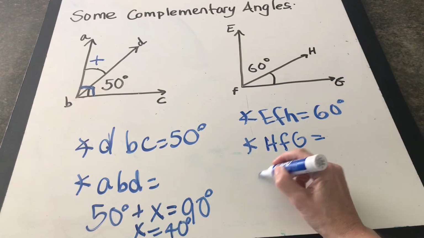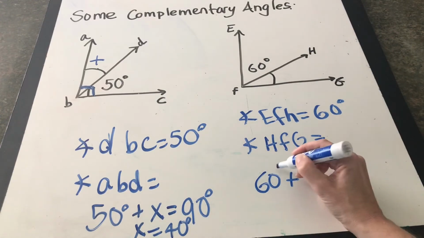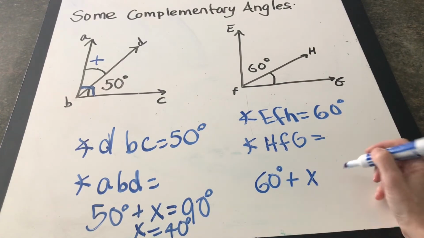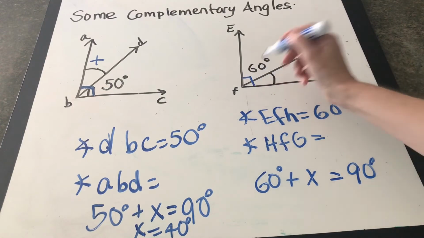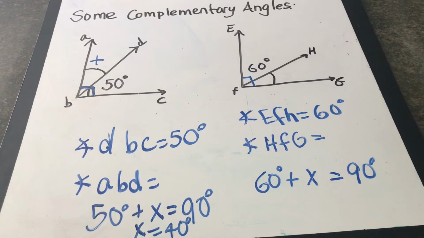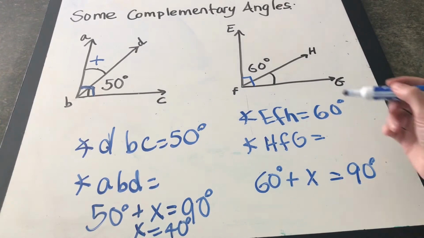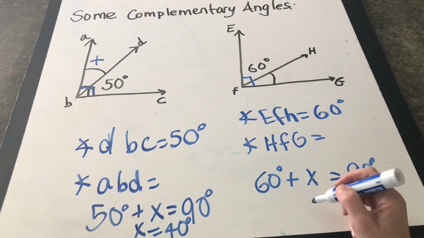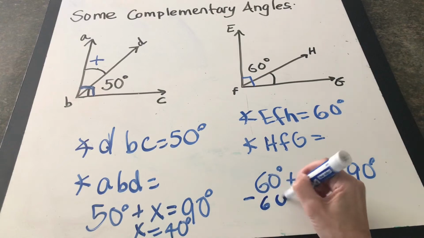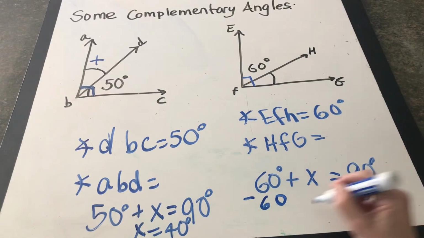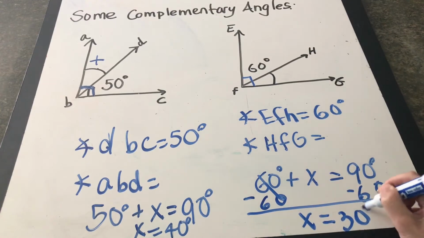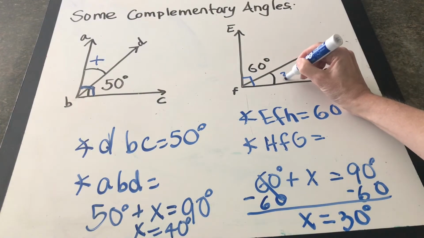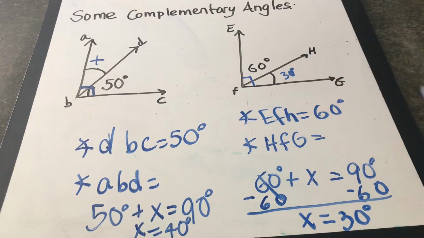Well, you know 60 degrees plus some X value has to equal 90 degrees, because that's what this corner is right here. It's a 90-degree corner. So these are complementary angles, and then of course if you did it like a one-step equation, you know that X has to be equal to 30 degrees. So this would be 30 degrees, okay?